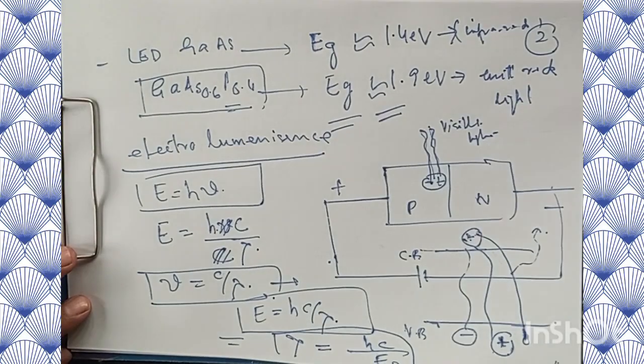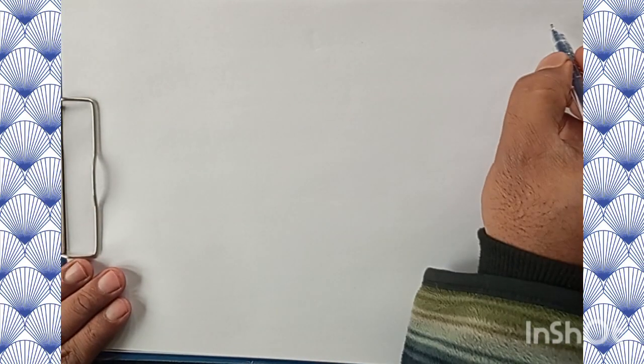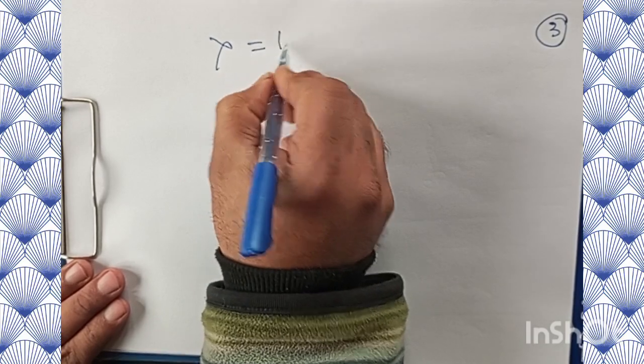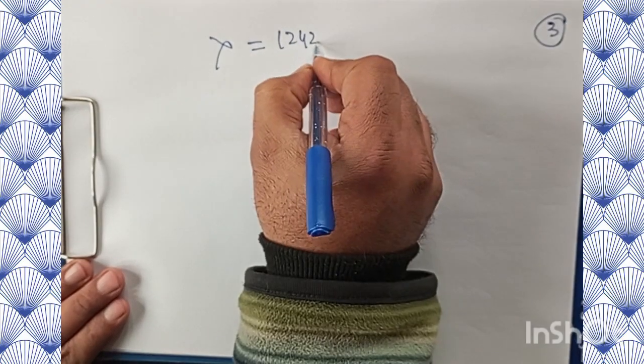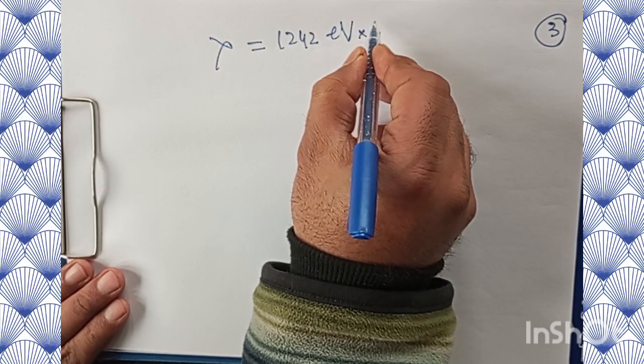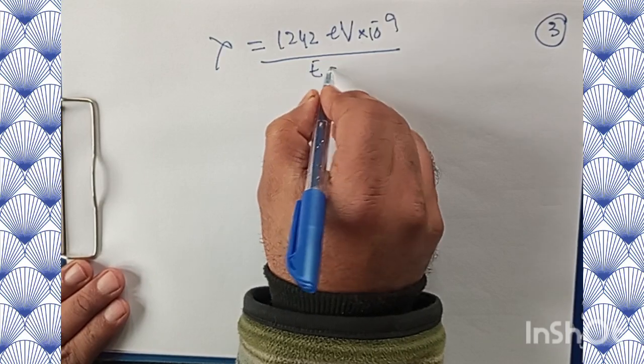So if we simplify this hc, we can write down in the short form that this lambda is 1242 electron volt into 10 to the power of minus 9 divided by the band gap.